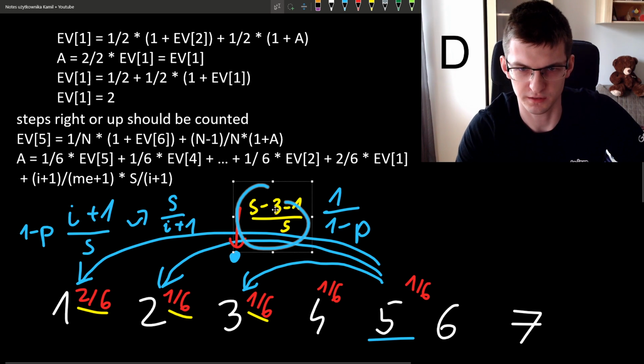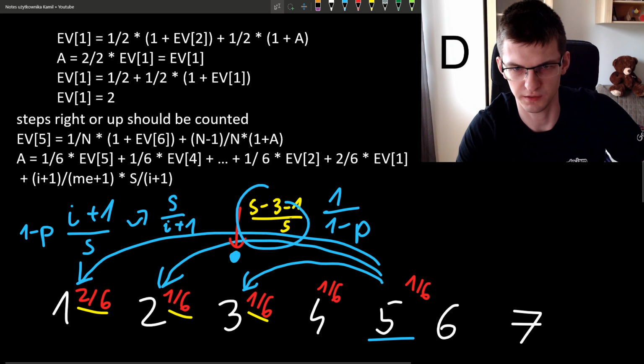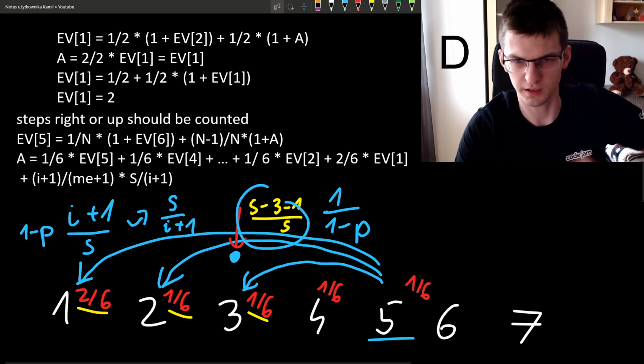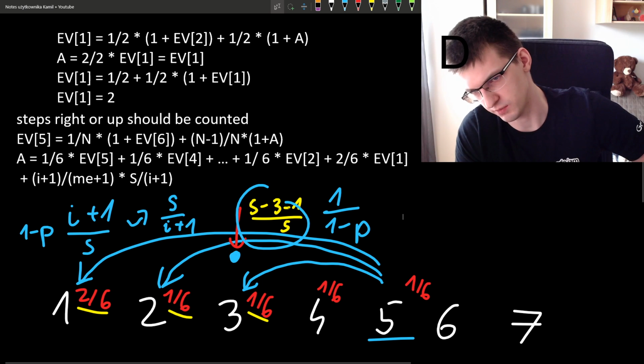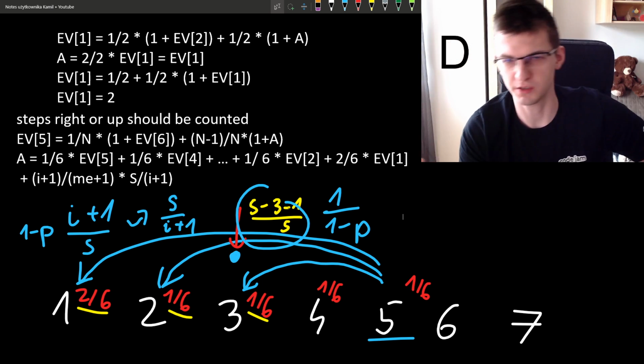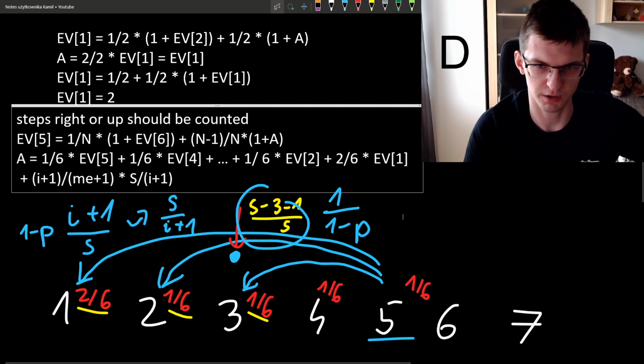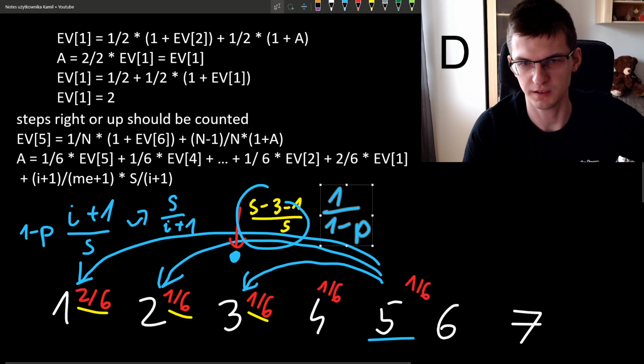S minus this, I still think this is correct. The yellow thing is correct. Now this is probability of wasting a move. 1 minus this is probability of success, and 1 divided by that is expected number of wasted moves.